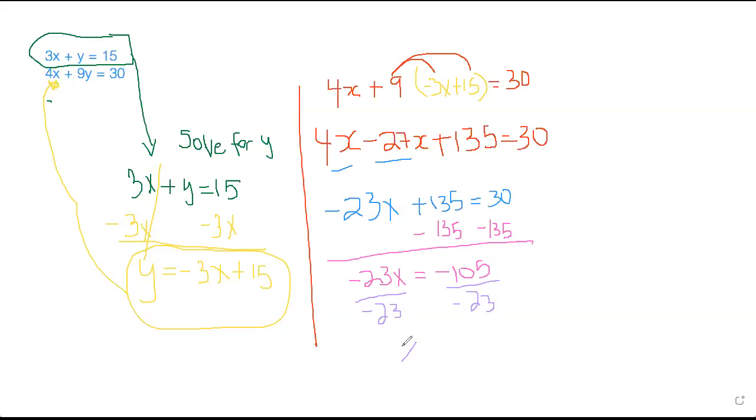So x is equal to positive 4 point something. As I said, it's not gonna be a whole number because I really just made this up, but the concept still applies. Everyone got 4.56 after you divide negative 105 into negative 23, or 23 into 105?